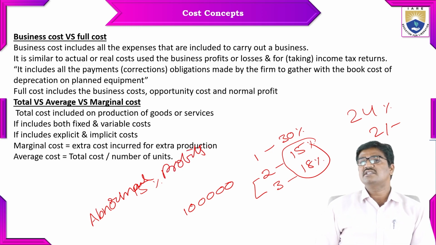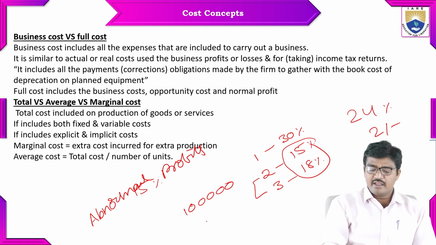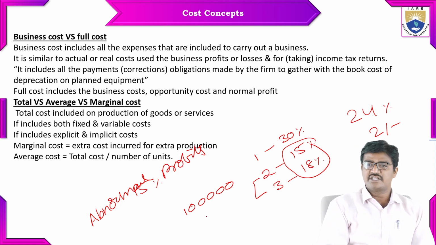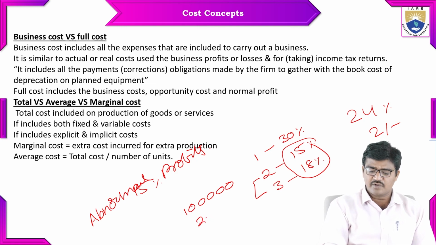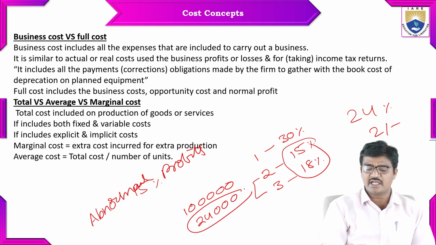So this is the thing you have to consider. By investing 1 lakh rupees, you are doing some business and you get 24,000 rupees of income on this money, and this is not at all considered as a profit.